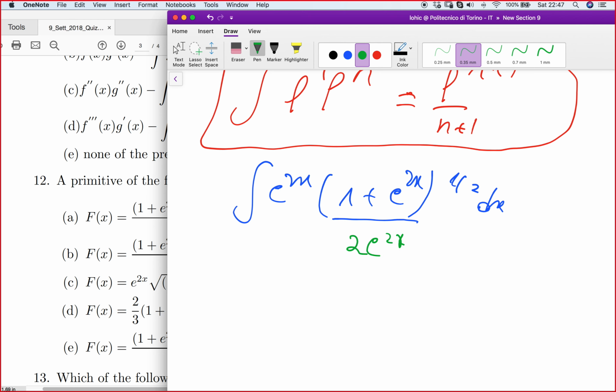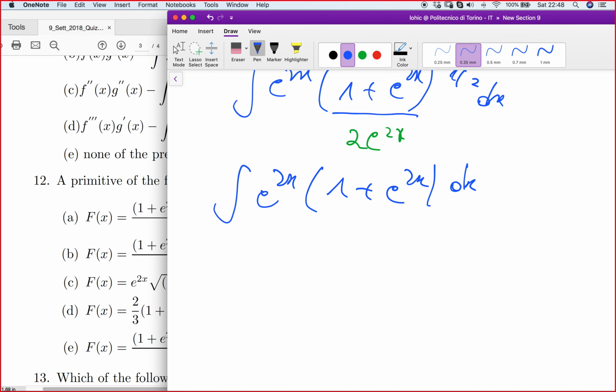So to get what I need, I will write down the integral, which is exponential of 2x multiplied by 1 plus exponential of 2x in dx. Then I multiply here by 2 and divide by 2.